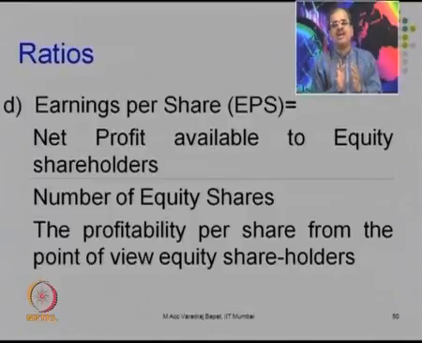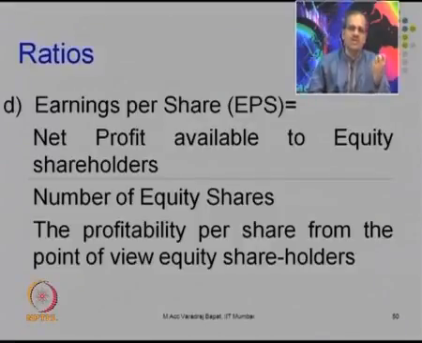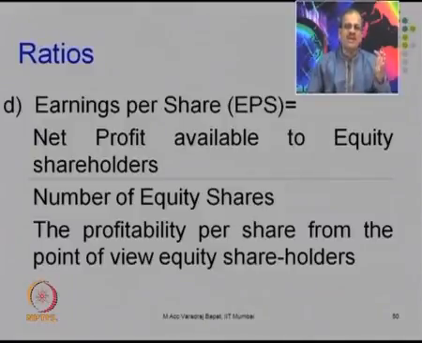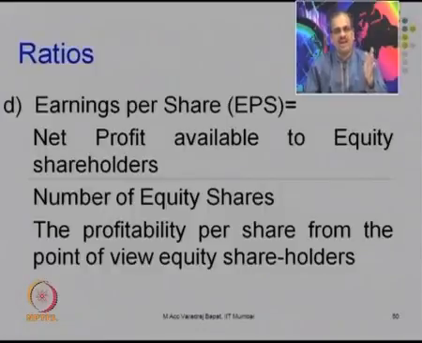Now, this is not exactly linking it to capital, but it is a very important ratio, because equity shareholders will be very keen to know how much profit they are getting per share. So, it is net profit available to equity shareholders, which is generally NPAT, divided by the number of equity shares. This gives us EPS.